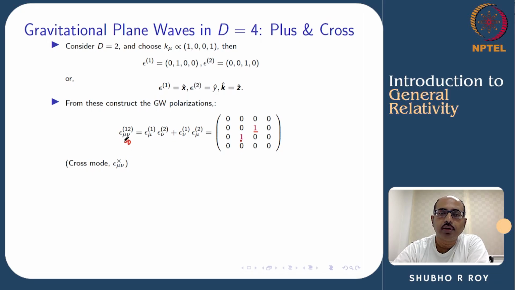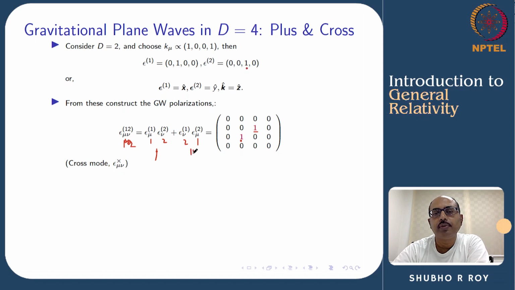So they're interesting to look at. So let's look at the 1, 2. So mu is 1, nu is 2, and then mu is 2, nu is 1, something like that. And from here, we can see this term is equal to 1 because the first component of this is 1 and the second component is also 1.